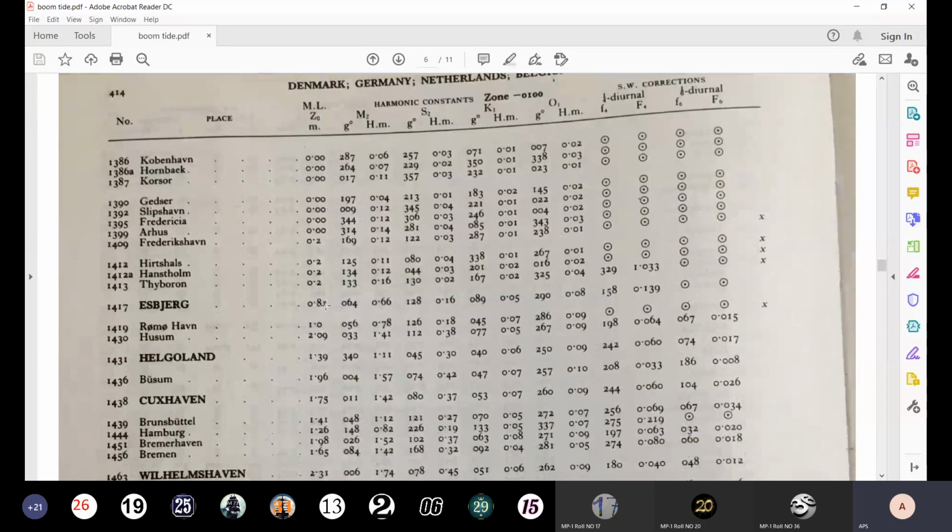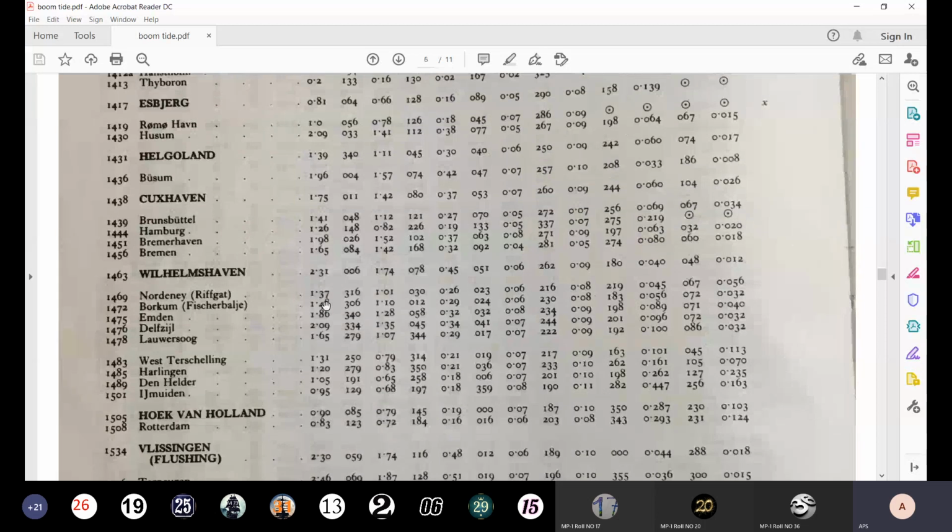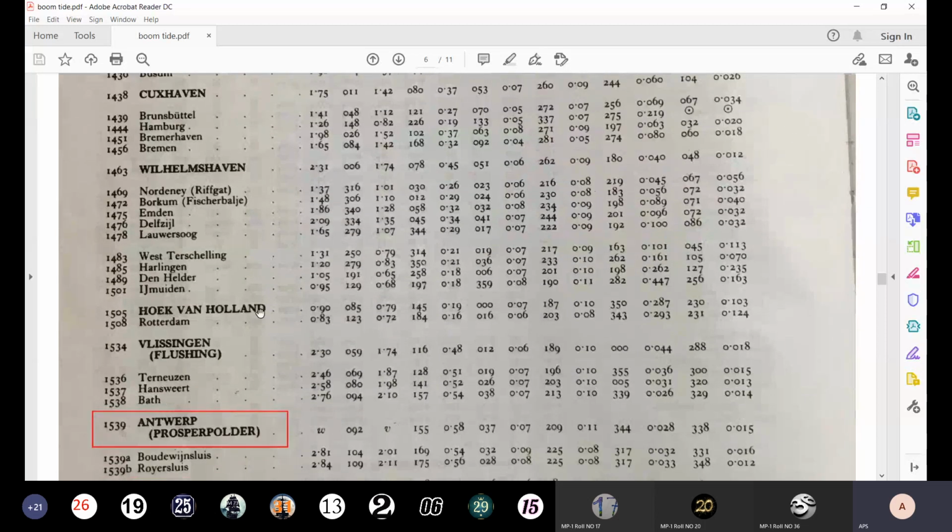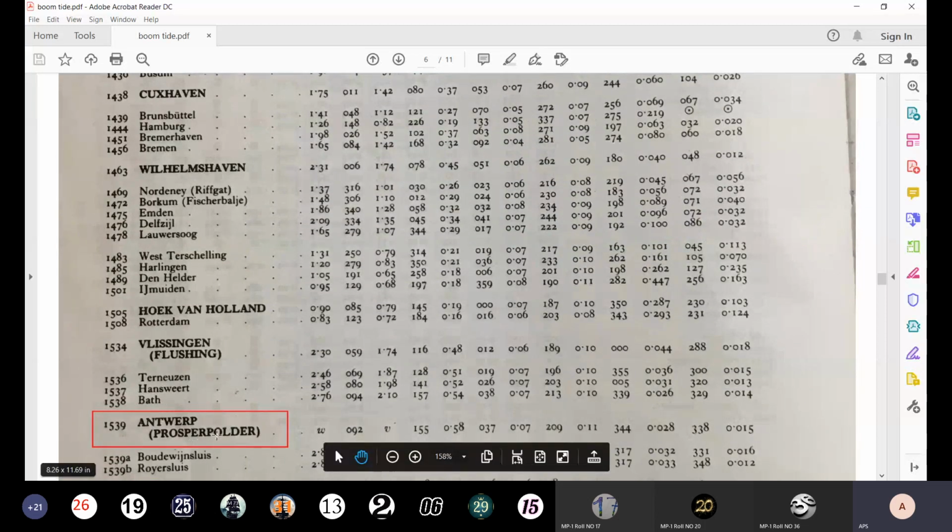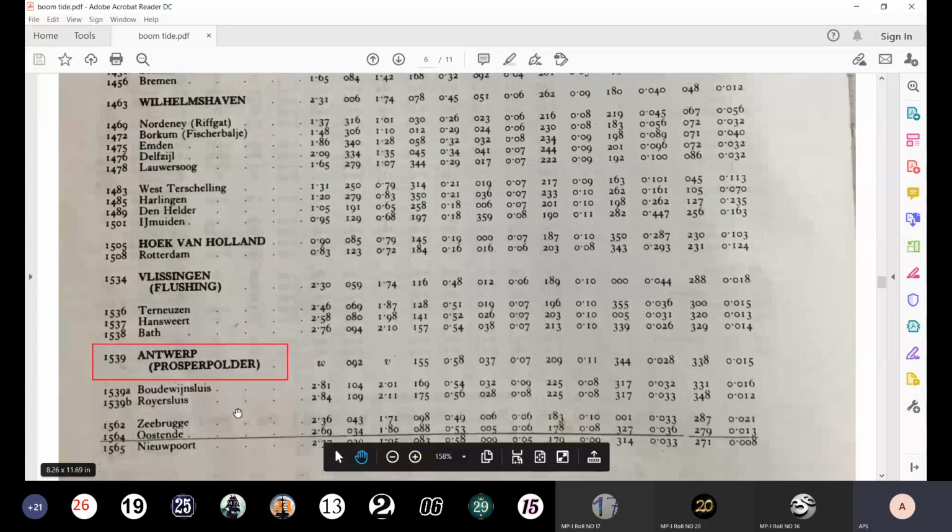So let's see if it is here in this part 3. 1539 is there as Antwerp. Antwerp is the standard port. But we have got one small C written. So they have given A, they have given B, C is not there.